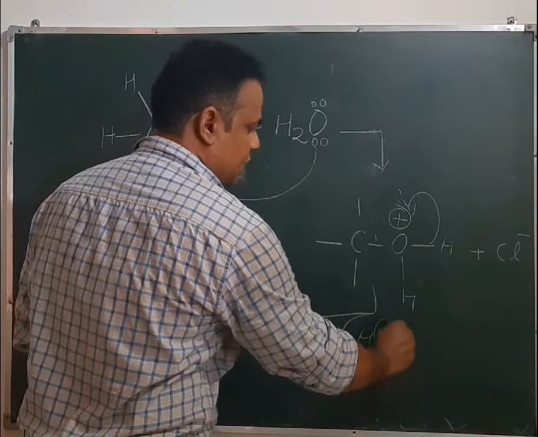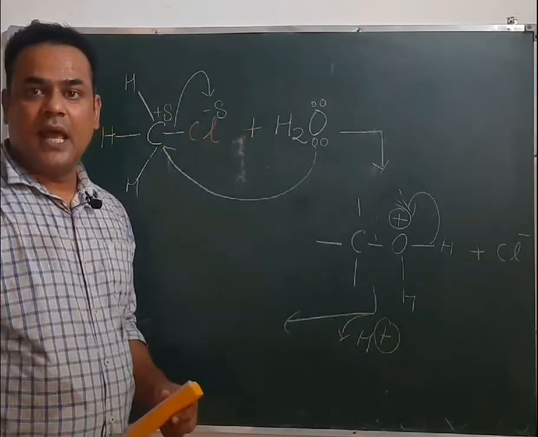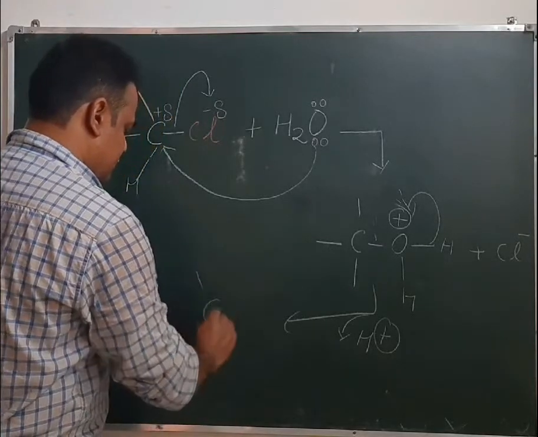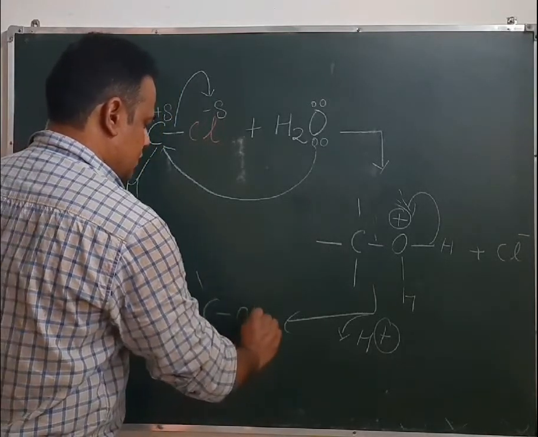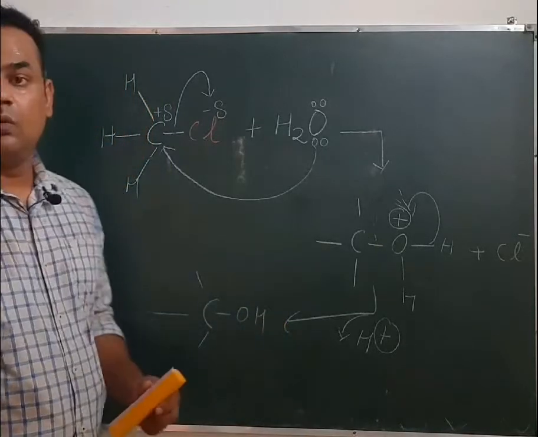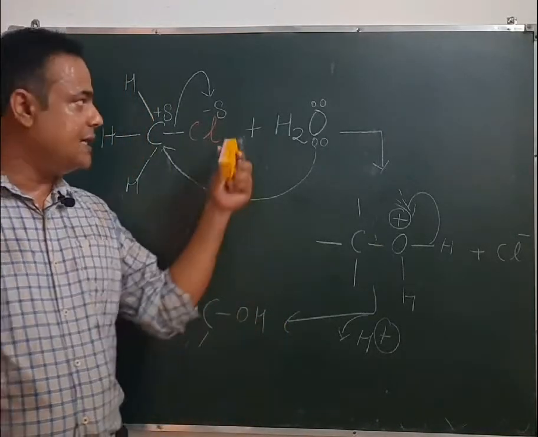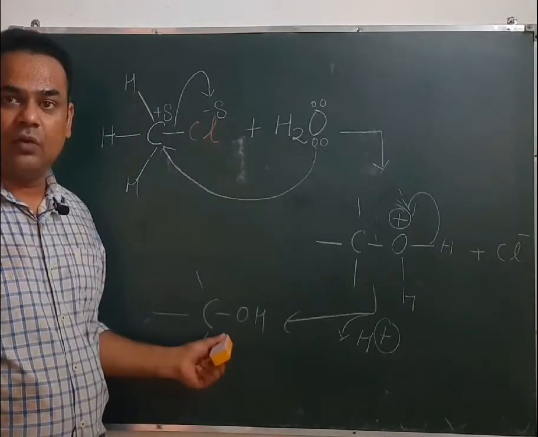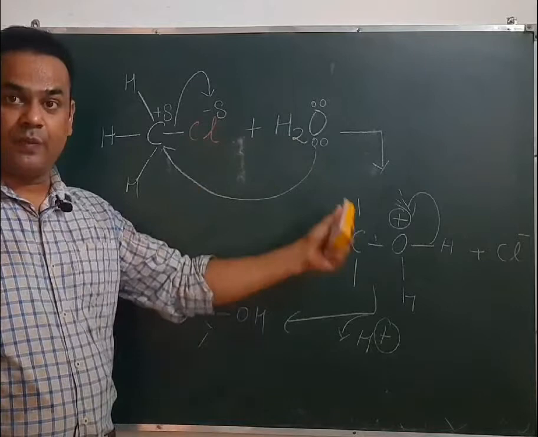It will cause liberation of H plus ion, and when H plus ion is liberated, there will be formation of this OH. So whenever we treat alkyl halide with water, it will result in formation of alcohol through this pathway.